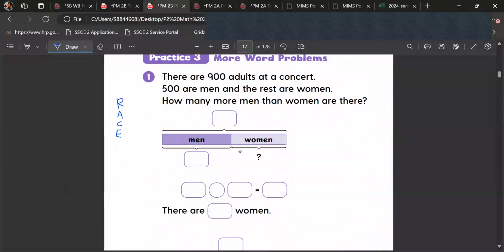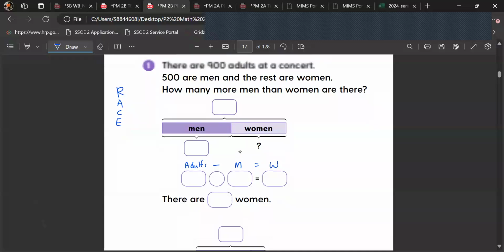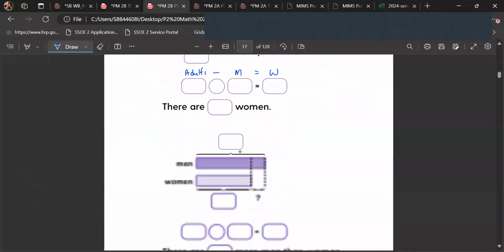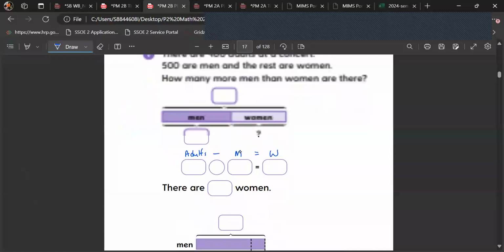For example, this one you have all the adults minus the men, you'll get the women. Okay, that's nice. Then I want to see the workings here as well. Make sure you show me the workings in your work.